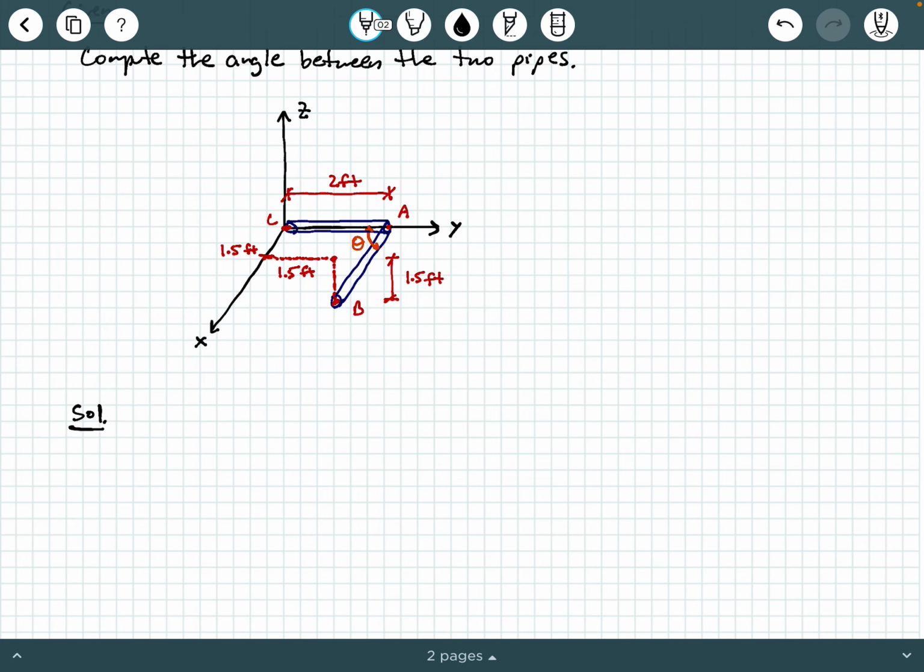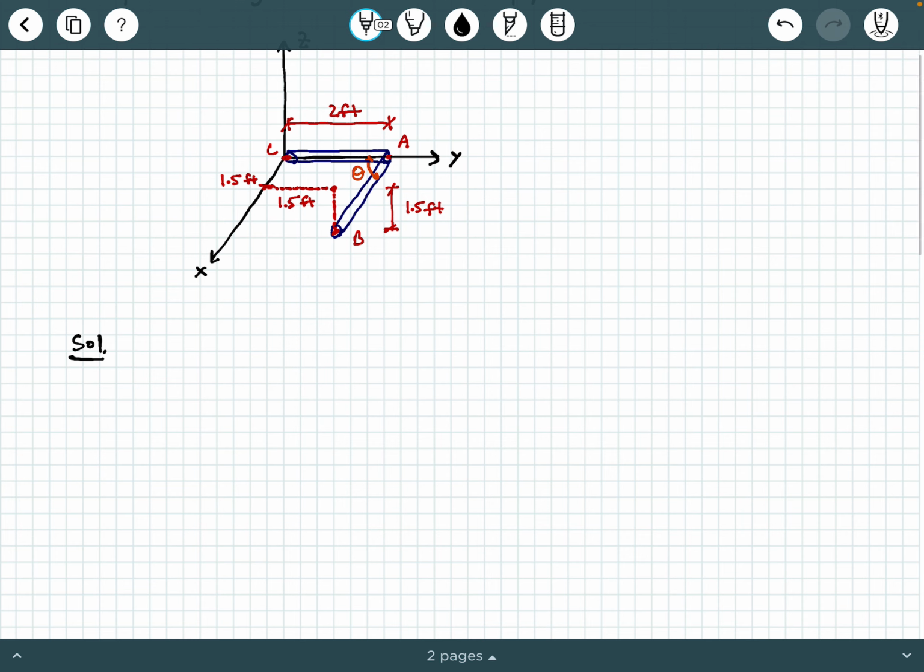And let's think about our general relationship for the dot product. Well, what the dot product says is we can take two position vectors, okay?